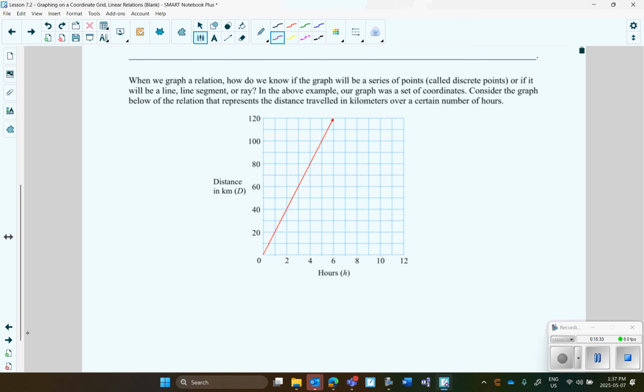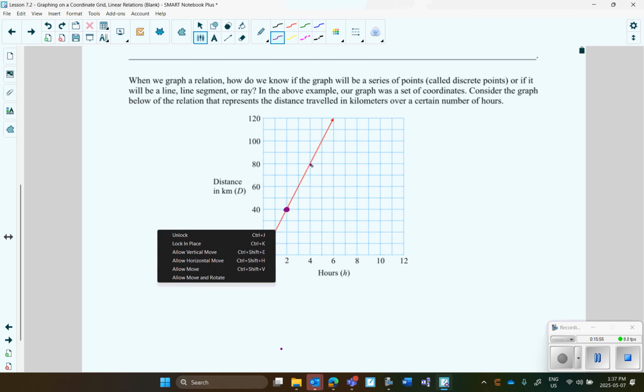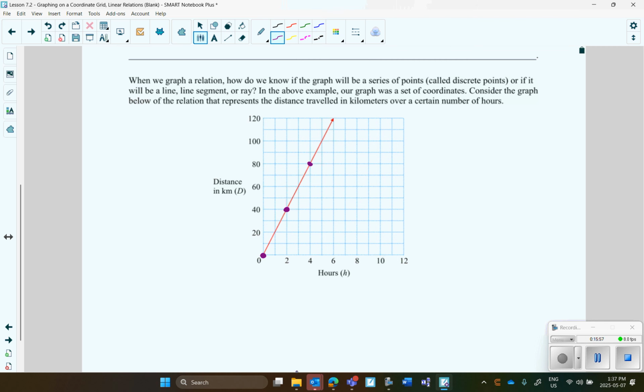So at 0 hours, they haven't gone anywhere. After 2 hours, looks like they've gone 40 kilometers. So I would suggest maybe they're biking, if they're driving very slowly. At 4 hours, 80 kilometers. Notice the points are connected here.